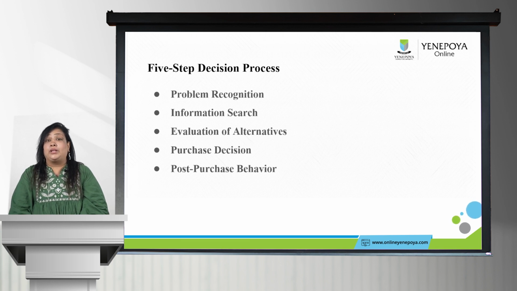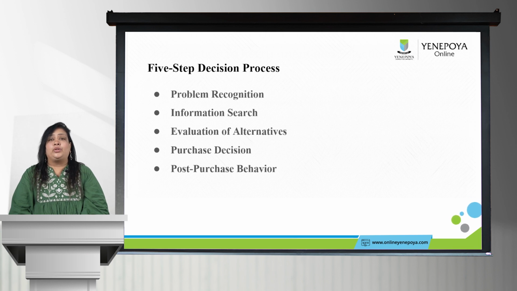Let me explain the evaluation of alternatives. The consumer evaluates the available choices based on attributes like price, brand reputation, and specific features. Decision-making criteria vary depending on individual preferences and priorities. Purchase decision. The consumer decides on a product or service considering the perceived value and influencing factors like convenience, price, or availability.